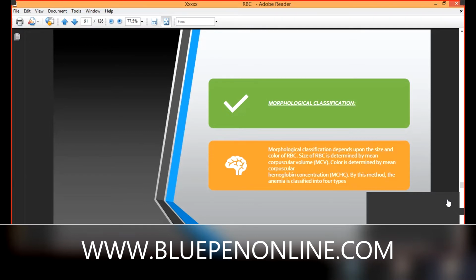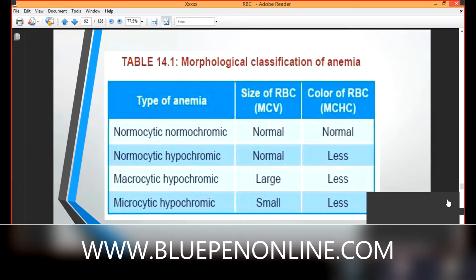Normocytic normochromic anemia: the size and color of RBC are normal but the number of RBCs is decreased, maybe due to hemorrhage. Normocytic hypochromic: less hemoglobin. Then macrocytic: large RBCs that become ruptured. And microcytic, also spherocytosis. These are the morphological classifications of anemia.